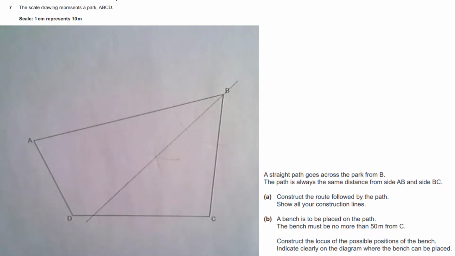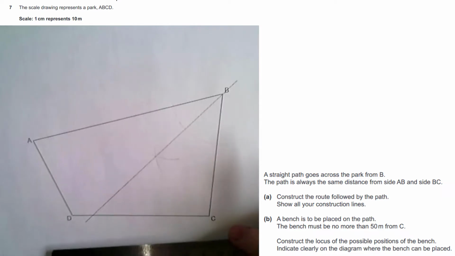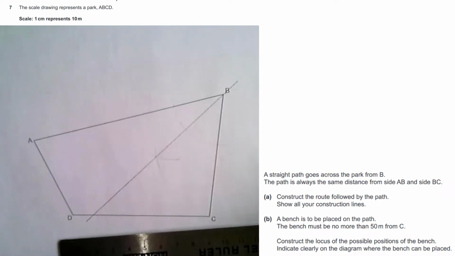Now obviously I can't draw a 50 meter circle, but the scale of this is 1 centimeter representing 10 meters.